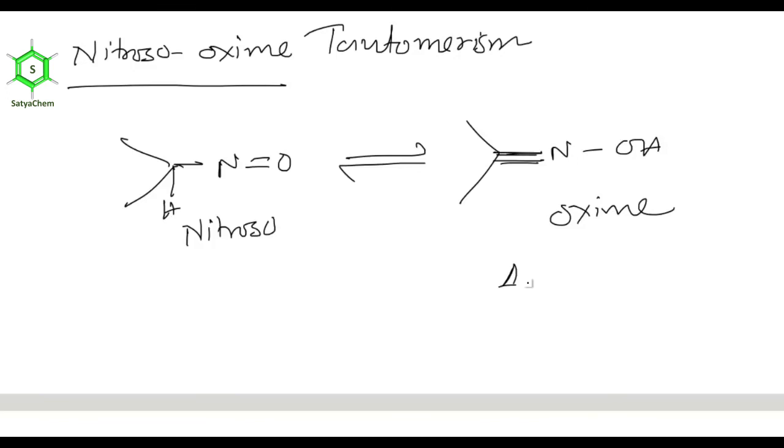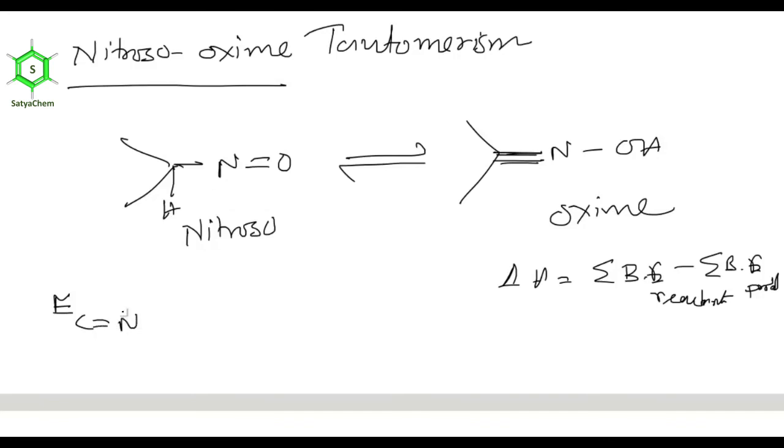Delta H in a reaction is the summation of bond energy of reactants minus the summation of bond energy of products. So in the product there is a C double bond N, and a new NO bond, and there is a new OH bond.